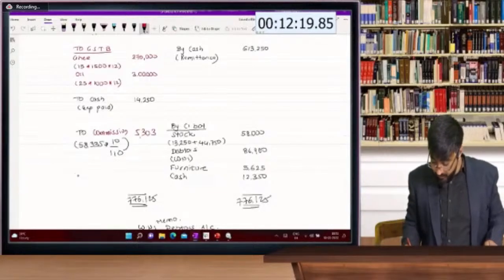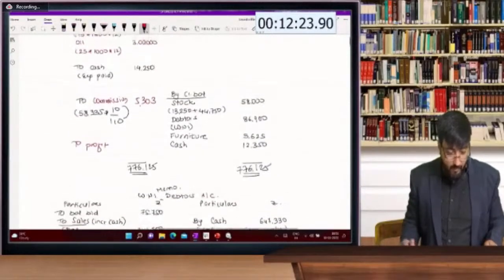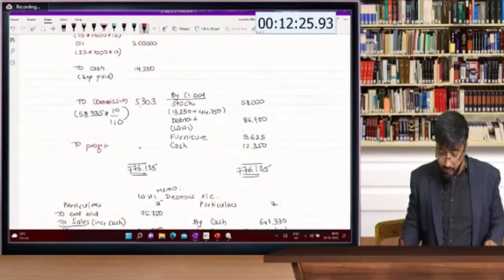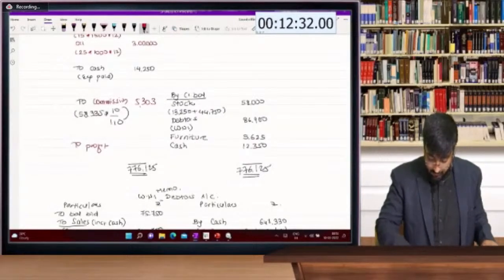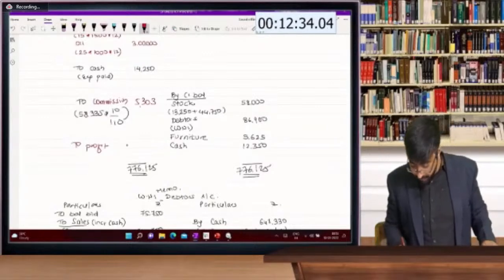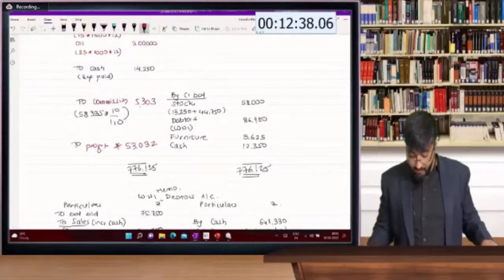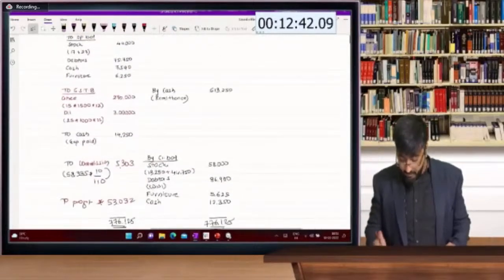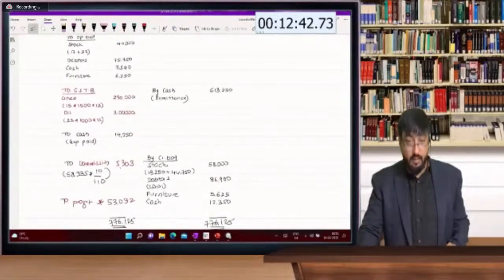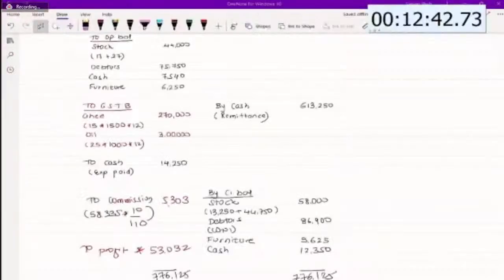I will get the profit, 58,335 minus 5,303, 53,032 is the profit. I'm getting this. Yes, just confirm the answer. Tell me over chat. Then I will move to the next concept.